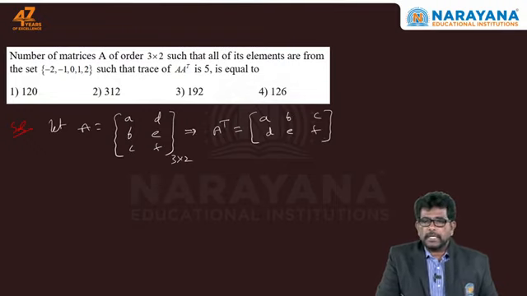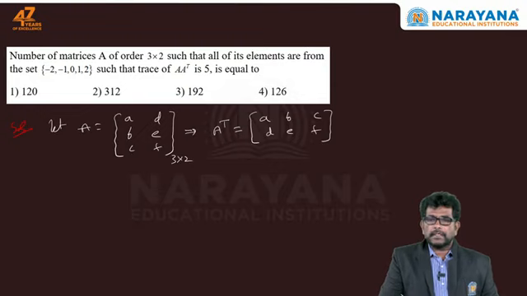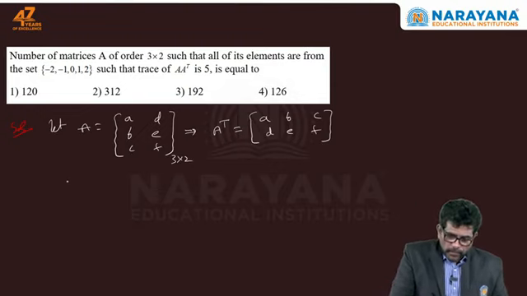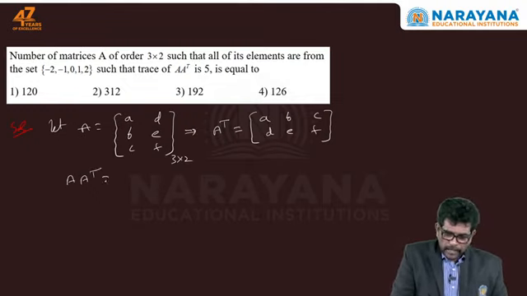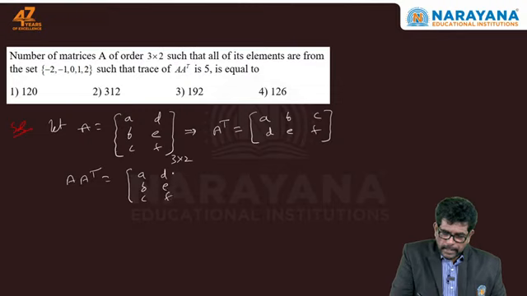Trace means the sum of the diagonal elements of the matrix. So first we multiply A into transpose of A, which is the matrix A, B, C, D, E, F into A, B, C, D, E, F.